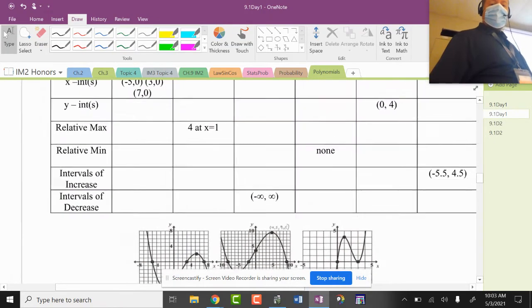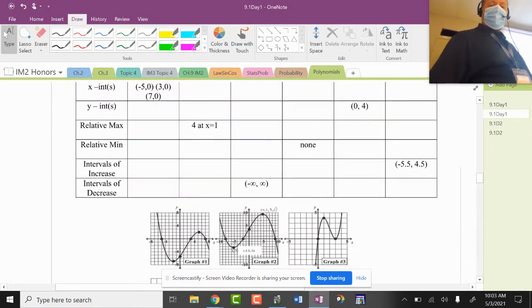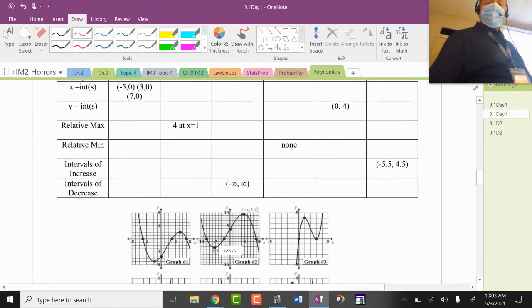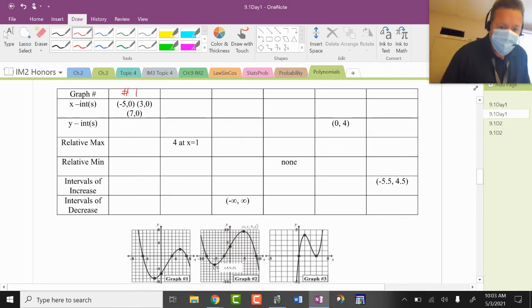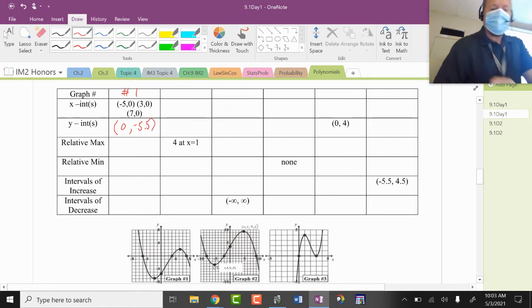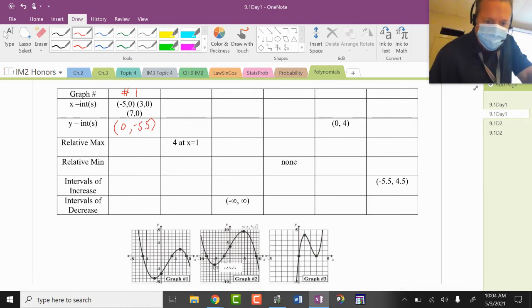So I'm going to shrink this down and then break this down further. I got to get rid of this. There we go. So this one is and only is number 1 that has this. Now we're going to break this down and see what the other things are. When I look at that picture, doesn't it look like it's a decimal? Like (0, -5.5). Okay, so we'll kind of say that. And then the relative maximum looks a little bit off, like 5.2 or something.